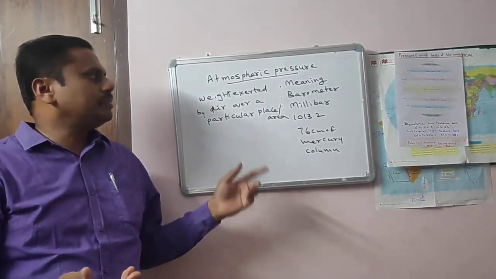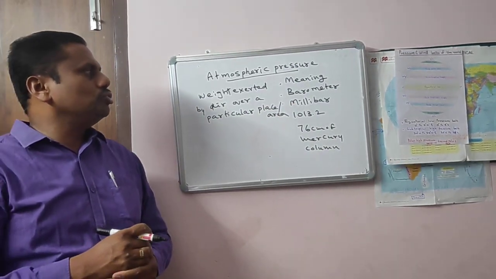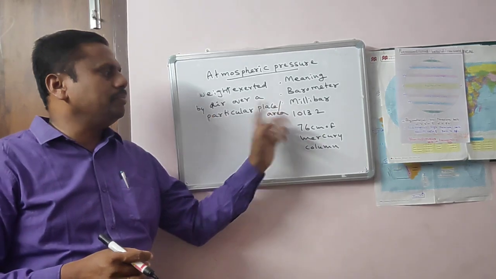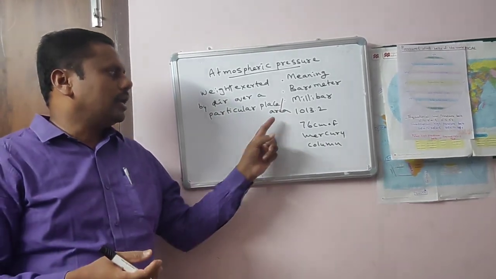What is the other name of atmospheric pressure? Barometric pressure. The unit which is used to measure atmospheric pressure is the millibar. Generally, the atmospheric pressure is more at sea level.